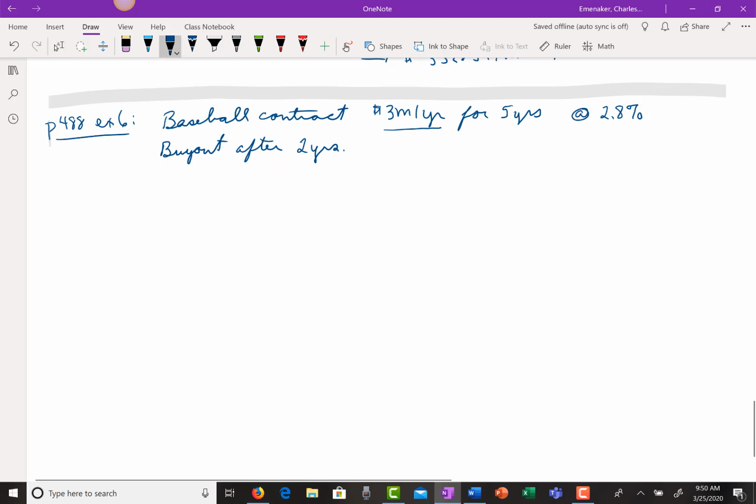First, we're going to look at the accumulated value of the first 2 years' pay. Regardless of what the person did with this money, whether they blew it all or invested it, we want to look at the future value of this first 2 years' money.